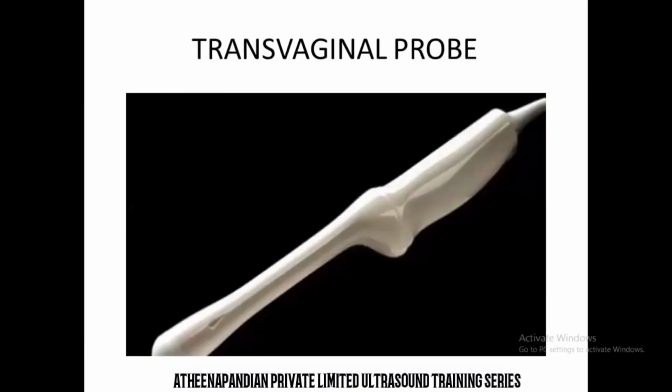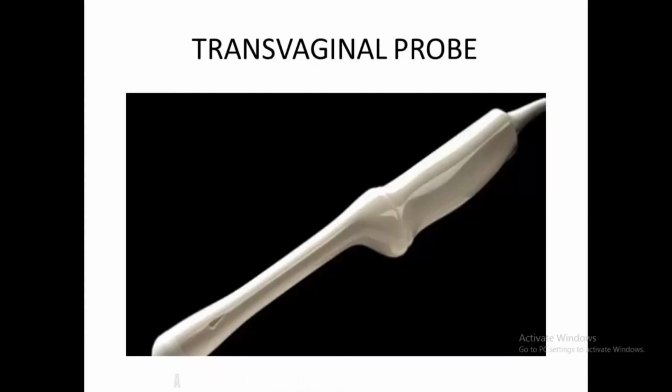Okay. So this is a transvaginal probe. TV probe is meant only for the female reproductive system. So the transvaginal probe is used by the gynecologist. What happens is you can do study on follicle analysis.